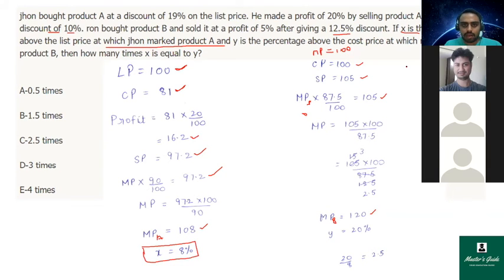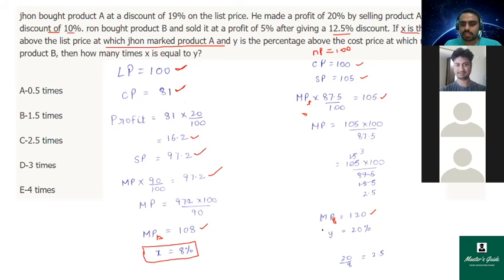Again, I'm being told that y is the percentage above the cost price at which Ron marked product B. So my cost price is 100 and my mark price is 120. So above 100, I am making a markup of 20%. So that is nothing but my y. So y is 20%. Now I got x and y.